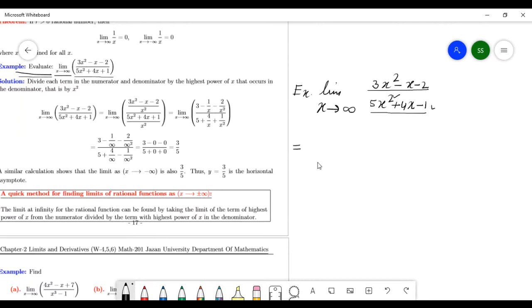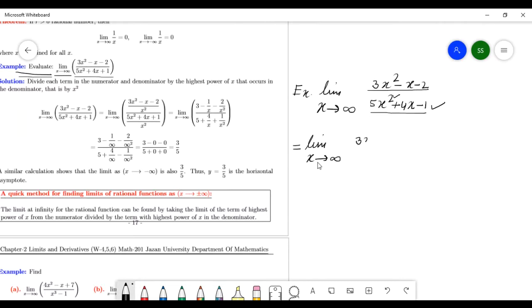See here, in the denominator the highest power of x is x square. Okay, so divide all the terms.